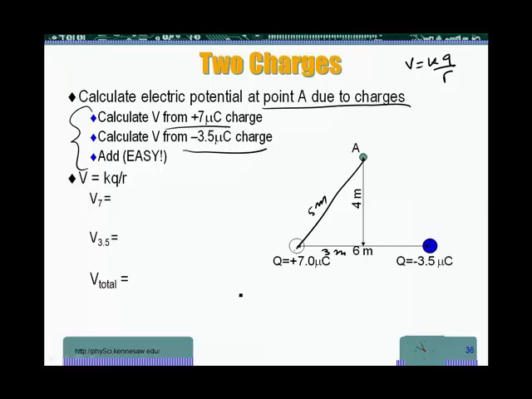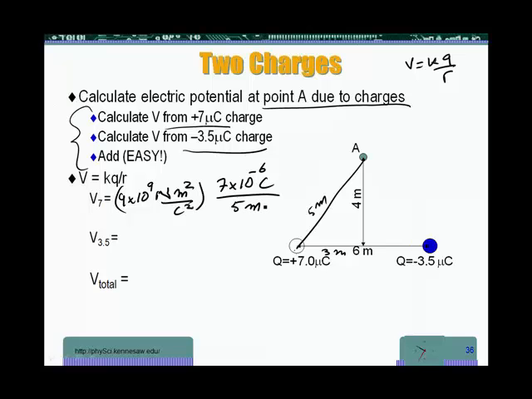So that means my V7 due to the 7 microcoulomb is going to be 9 times 10 to the 9 newton meter squared per coulomb squared times 7 microcoulombs, so that's 7 times 10 to the minus 6 coulombs over 5 meters.